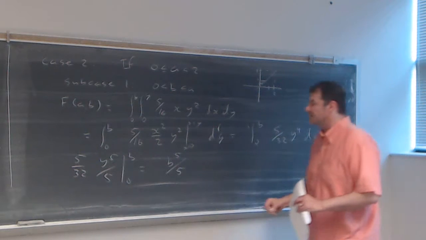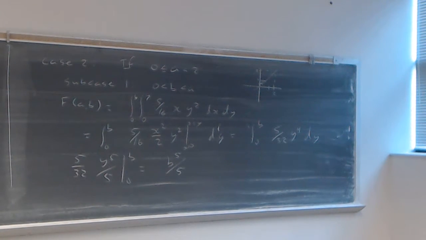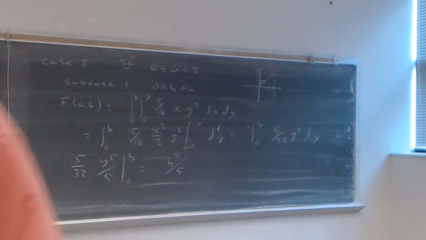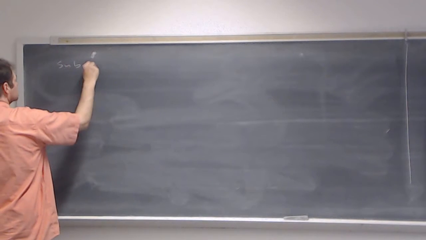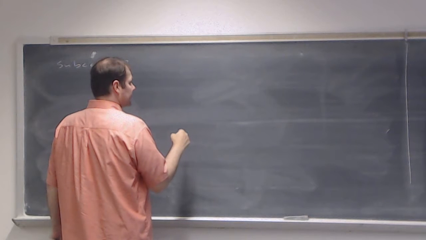Now, subcase 2, we'll write over here. Remember, we're working with 0 being less than A being less than 2.